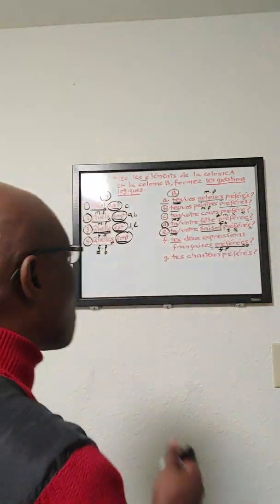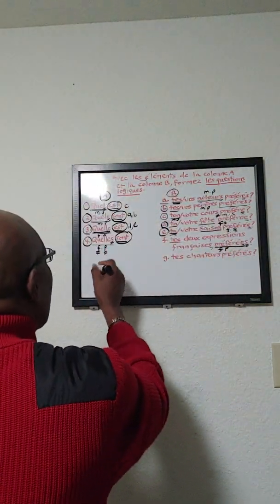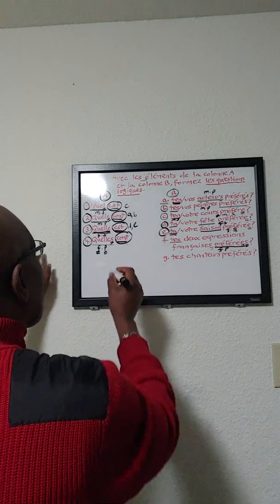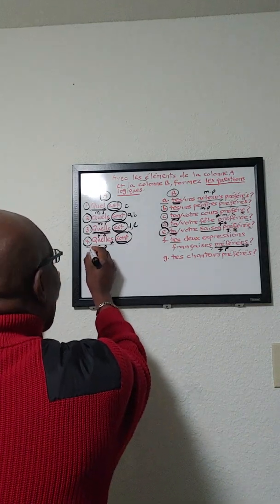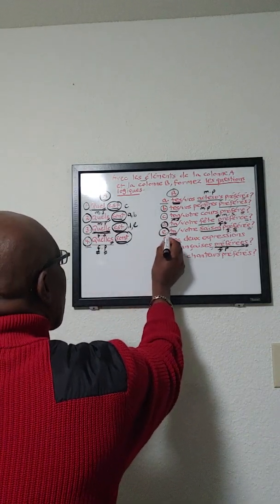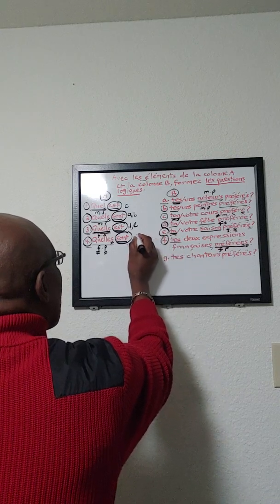You can say, mes 2 expressions françaises préférées sont bon appétit et au revoir. Okay, so we can safely say that number 4 will go with F.